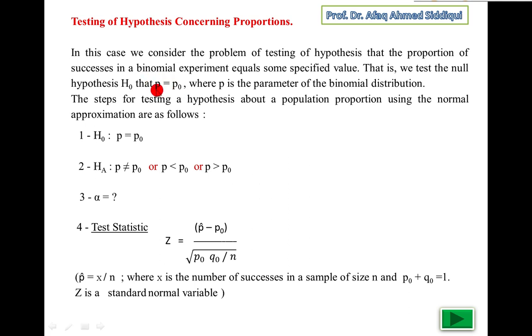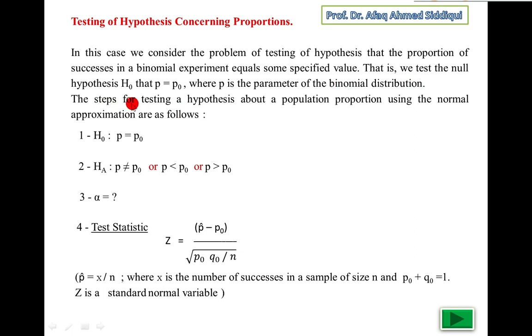In standard deviation we write sigma is equal to sigma naught. The same as here, P is equal to P naught. P naught is the value of this P. Okay, the parameter is the proportion of success P, where P is the parameter of the binomial distribution. Okay, I have already explained this.